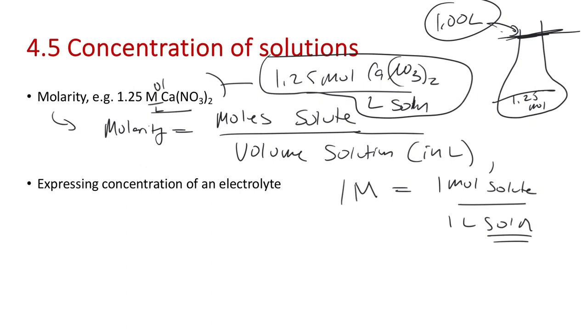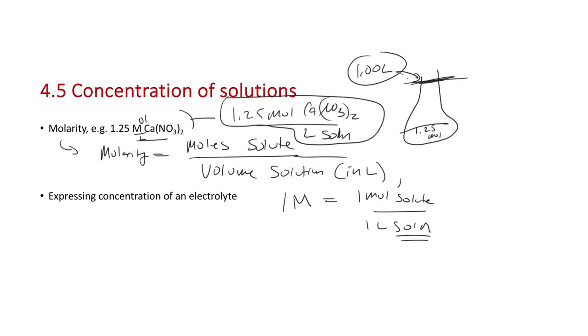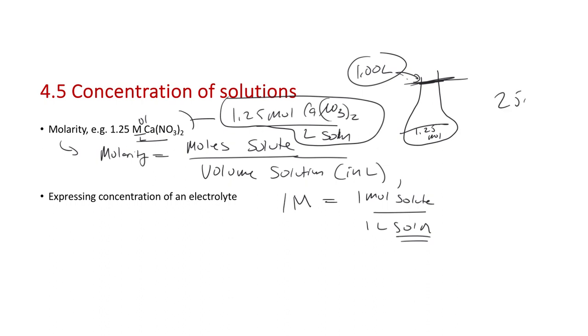And so then what we might do is say, well, you could take 25 milliliters of this solution and deliver a certain quantity of that solute in that volume. So let's say you had 25.0 milliliters of the solution.